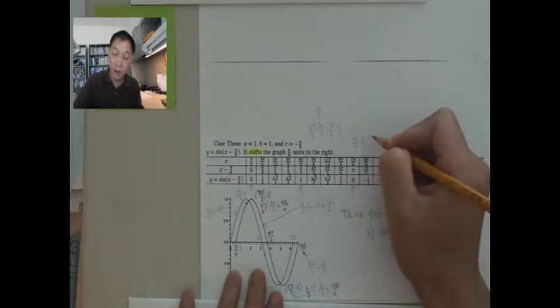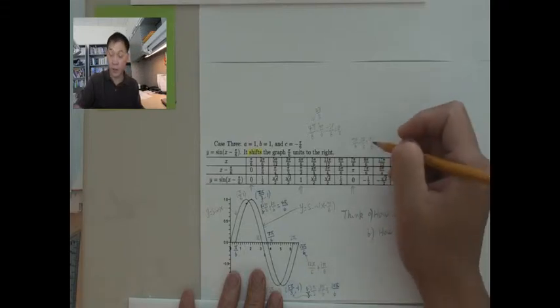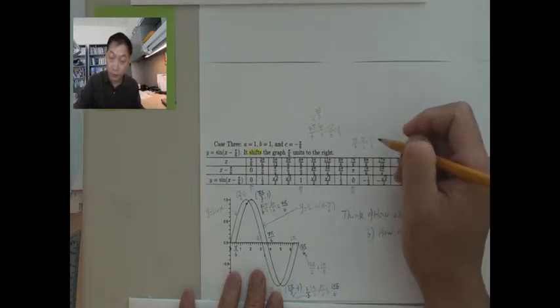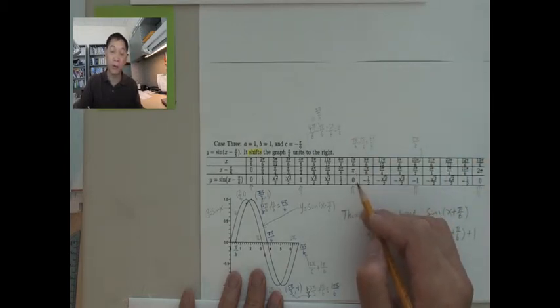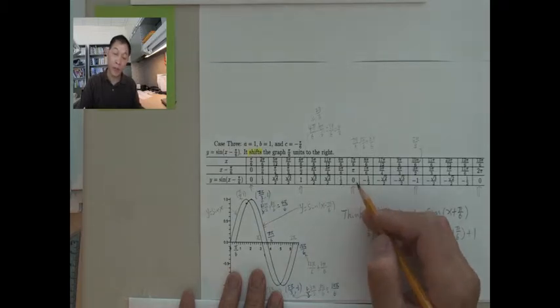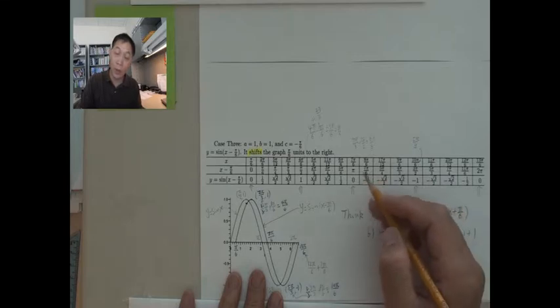So 6 over 6, cancel that, you just have a pi. Then we know sine pi is 0. You have to refer back yourself.